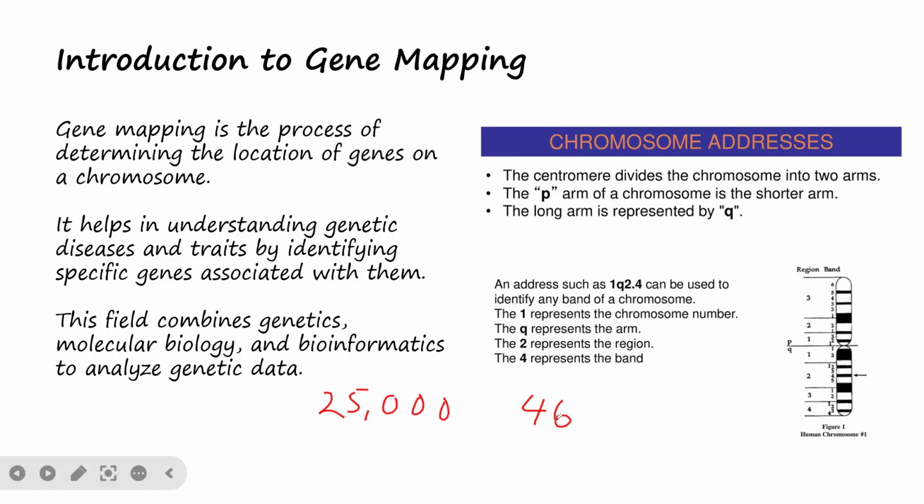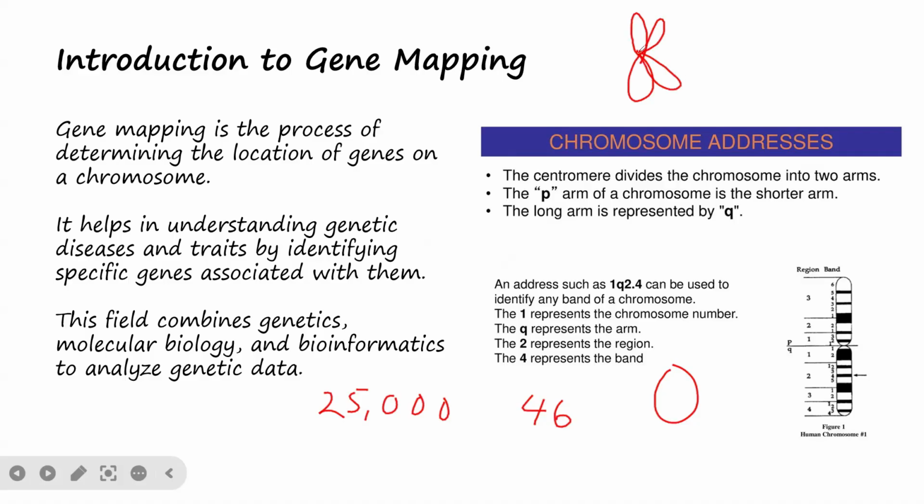For example, in humans we have trillions of cells, and each of them has a nucleus, and this nucleus contains chromosomes. The chromosomes in humans usually contain two chromatids. This is the first chromatid, and this is another chromatid.